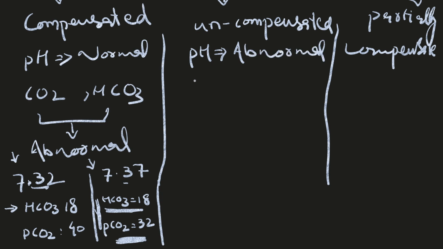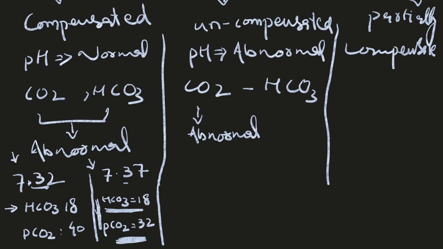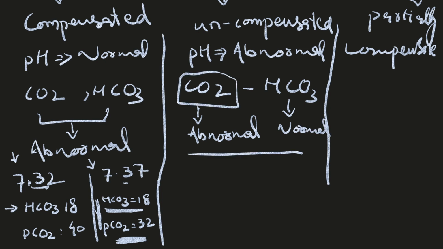So in the other components, CO2 and bicarbonate, one of them will be abnormal and the other one will be normal. For example, let's take a similar example. 7.32 was the deranged pH.